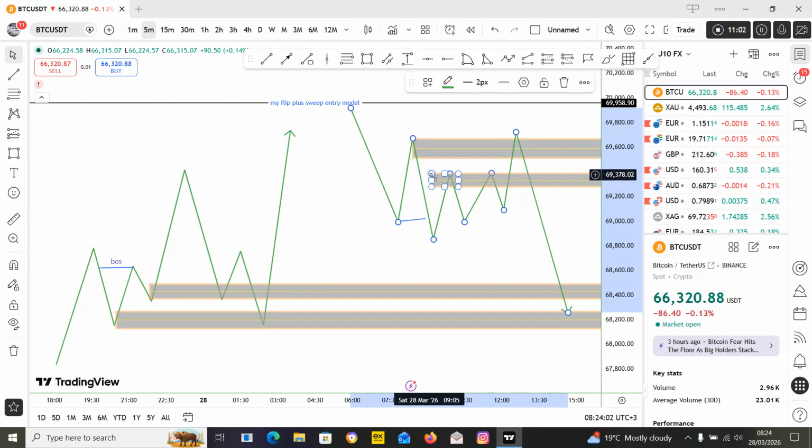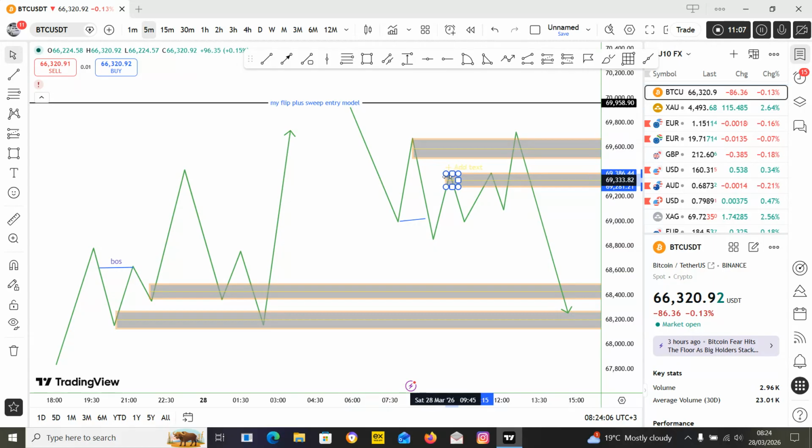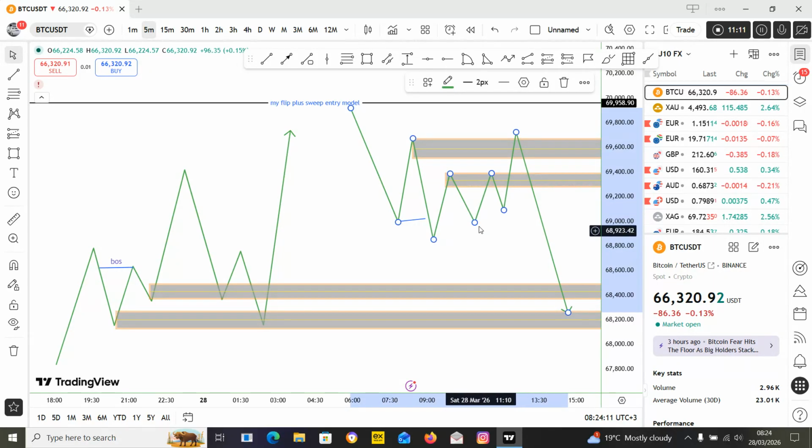It came back, reacted to this demand zone, and what we expect this demand zone to do is drop a little bit further to take out this last swing low, but look what price did.